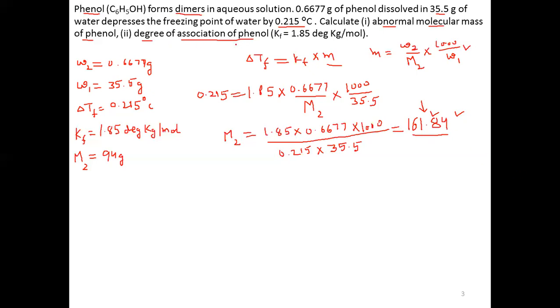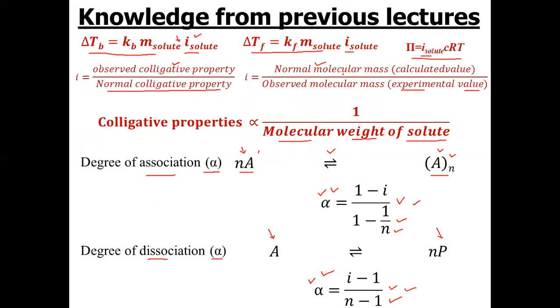For that we need the value of iota, and iota, as already said in my previous slide, is normal molecular mass divided by observed molecular mass, that is, calculated value from formula divided by experimental value.